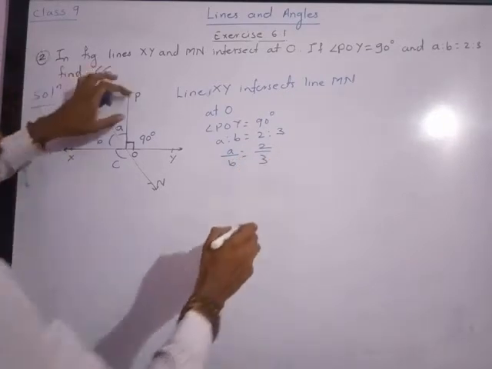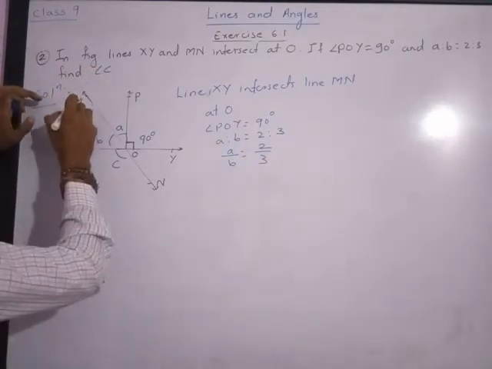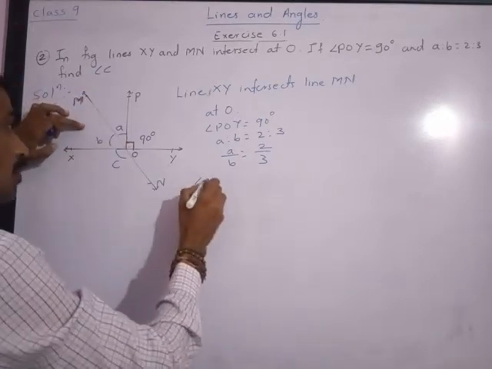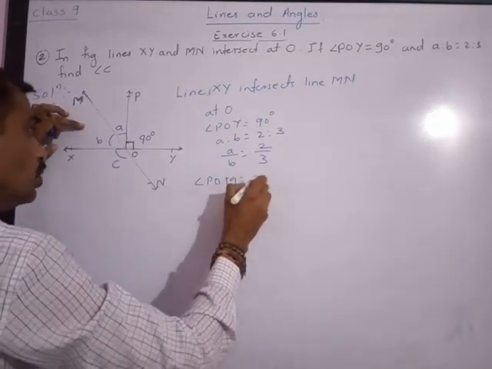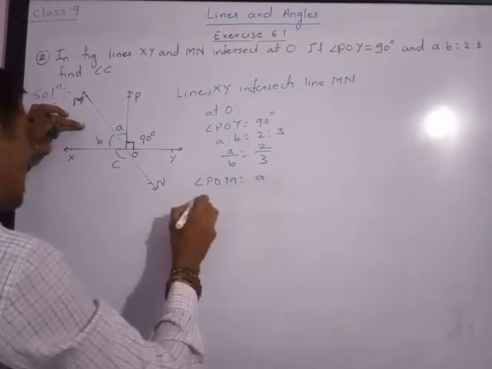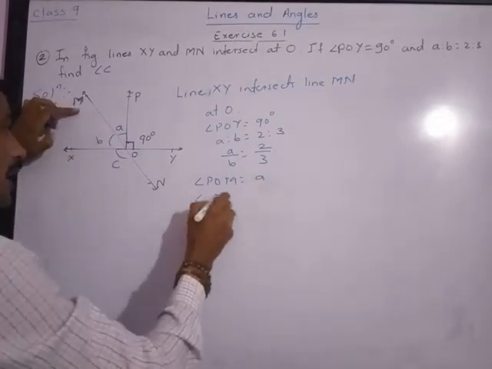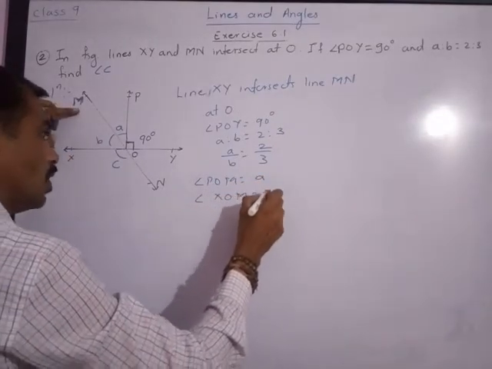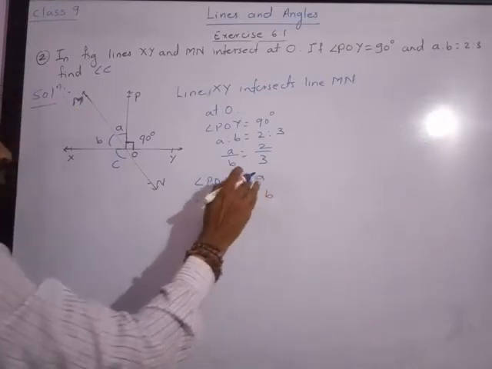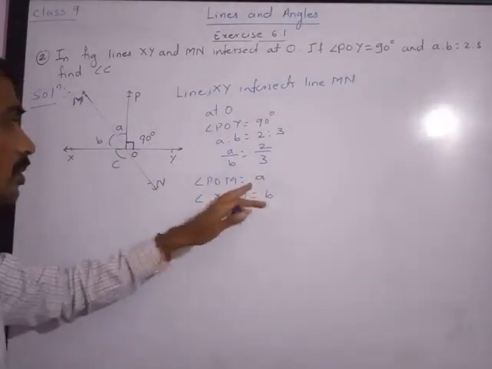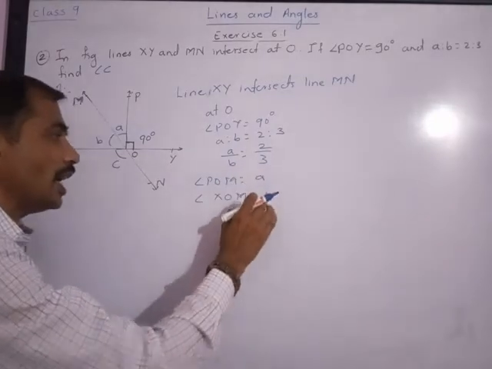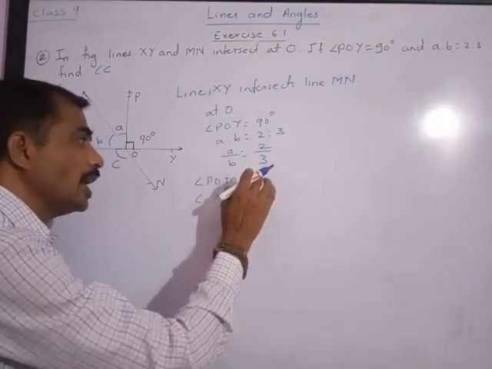Please note, in the figure angle POM is equal to a, and angle XOM is equal to b. Sorry, it is not given a and b, it is given a is to b.